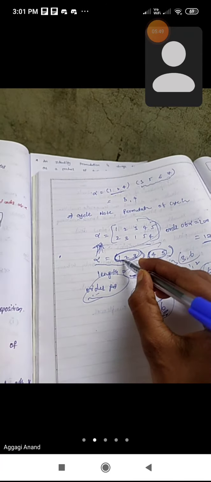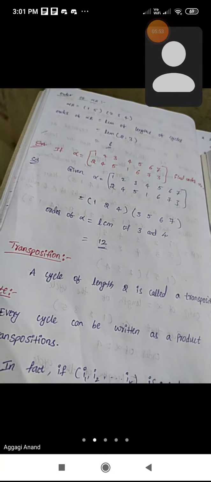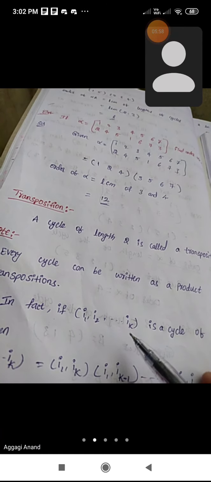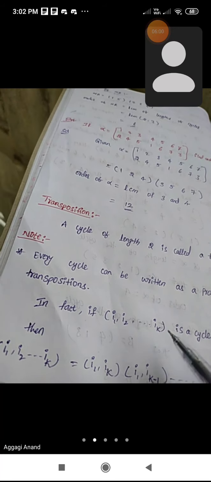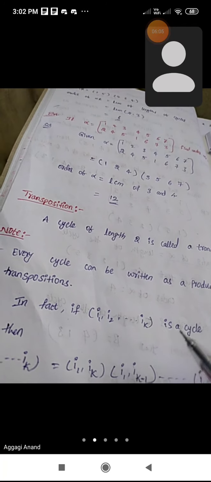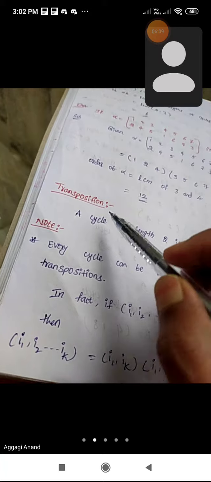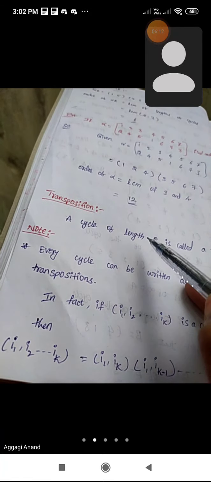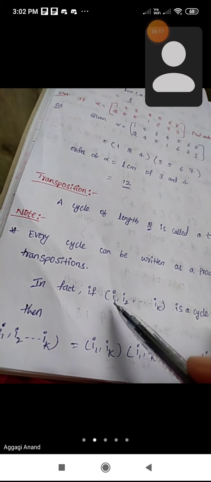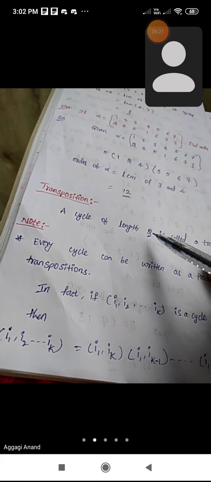For example, i1, i2, up to ik is a cyclic of length k. Then how do we denote it in terms of transpositions, cyclics of length 2?